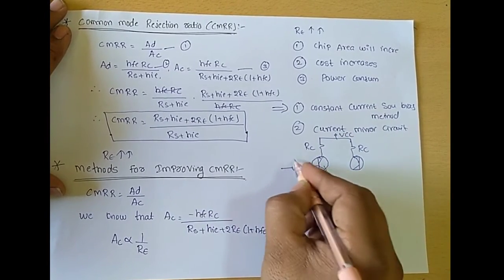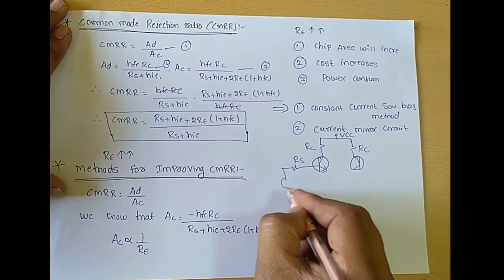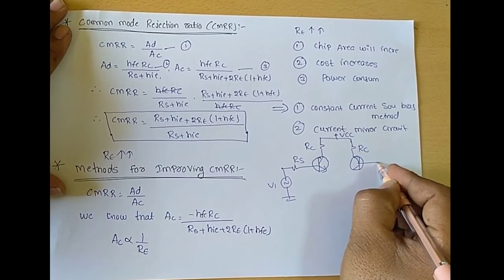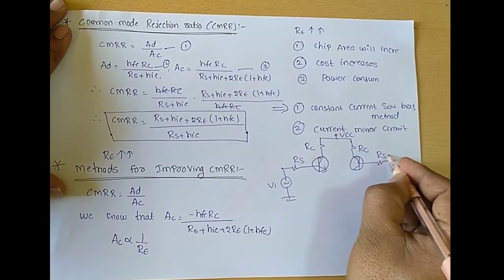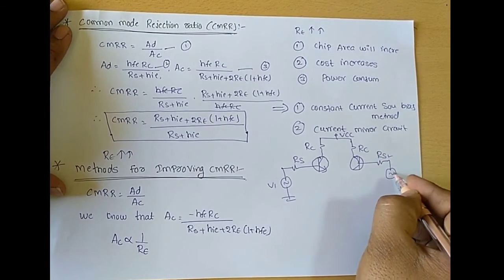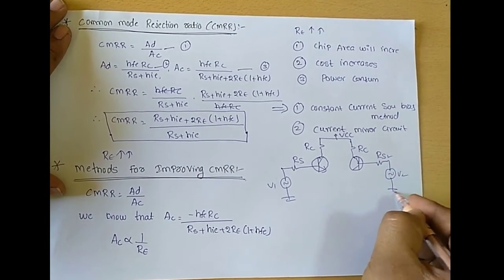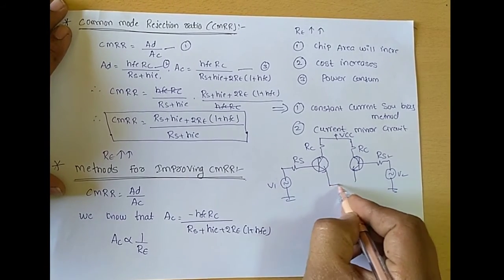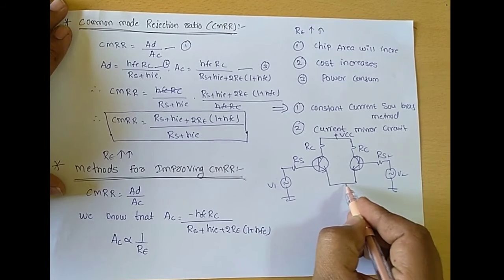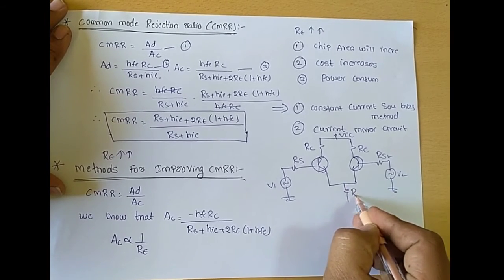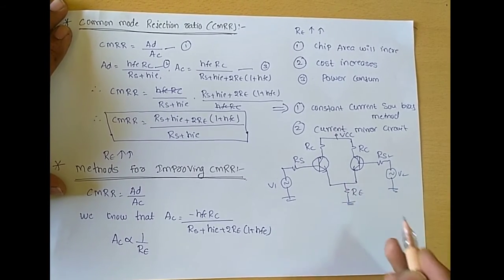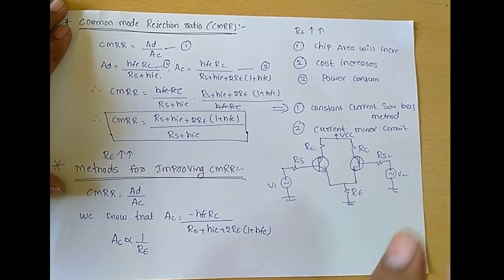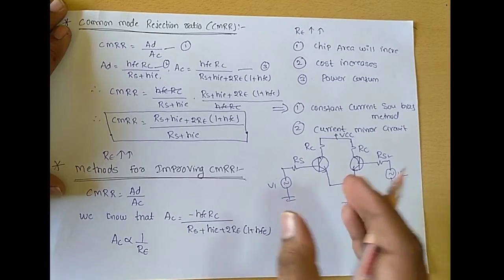Here we connect the resistance RS and give the input voltage V1, and the Q2 transistor also has the resistance RS2, and here we give the input voltage V2, and here we connect ground. The Q1 transistor and Q2 transistor emitter terminals are connected, and here we connect the emitter resistance RE.